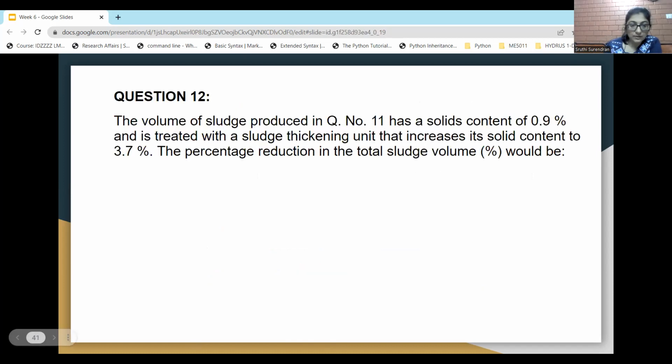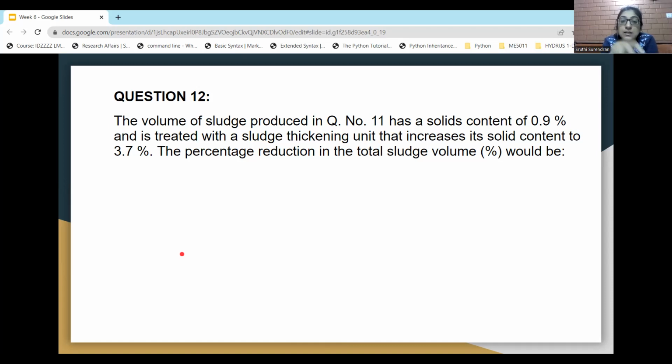So moving on to the next question. Again, in the previous question, we got the answer as 115.315 meter cube per day. Now, the volume of the sludge produced, they say that it has solid contents of 0.9%, and then when it is treated with the sludge thickening unit, the solid content is increasing to 3.7%.